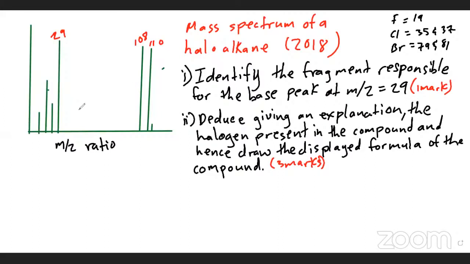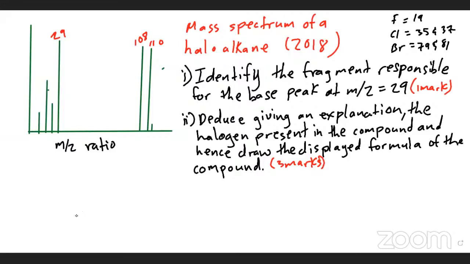But all of here is empty and there's just one at 29. That is a big indication that it's just 2 carbons present. And remember, on any mass spectrum, once you see 29, what fragment is 29? C2H5.